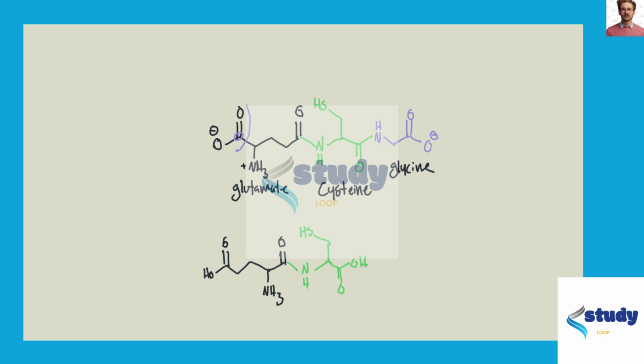But instead, we've bound to this carbon, which is unusual. Okay, that is the unusual aspect of glutathione. It is the gamma linkage.